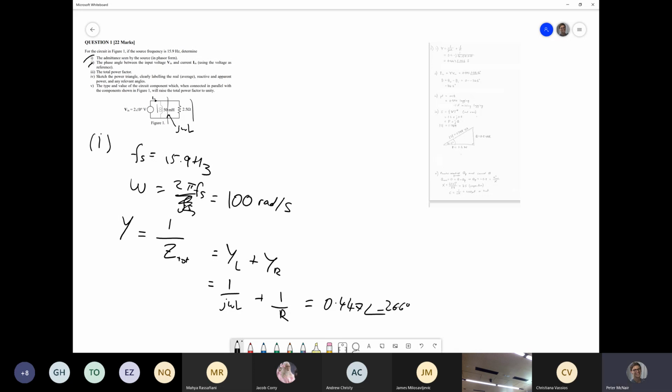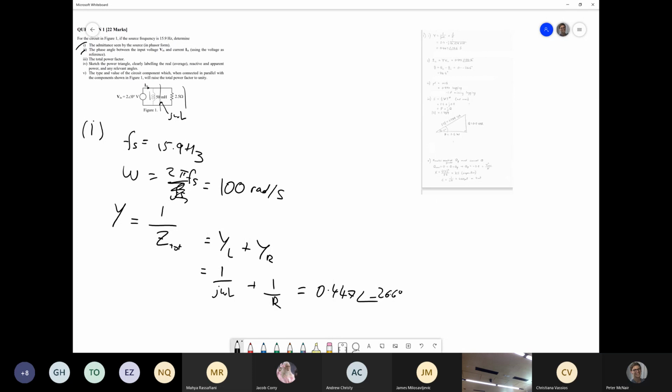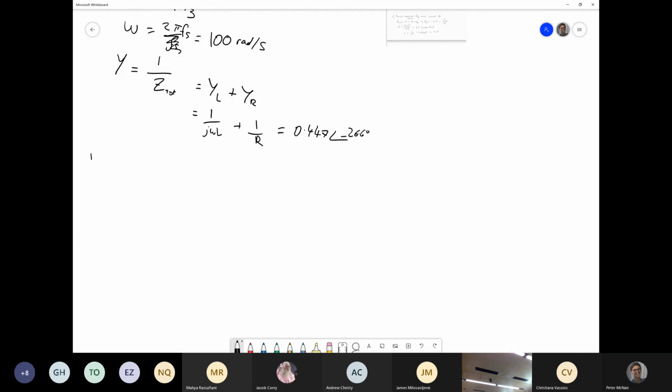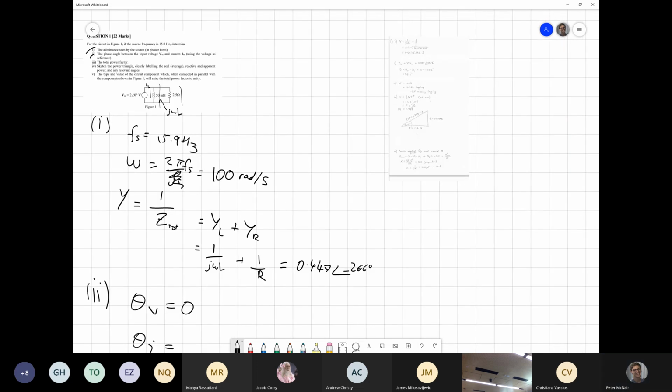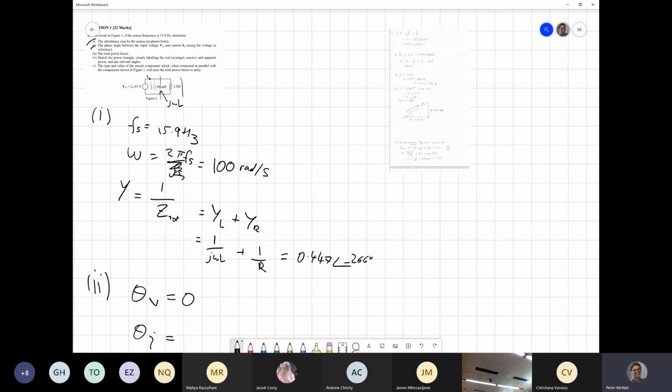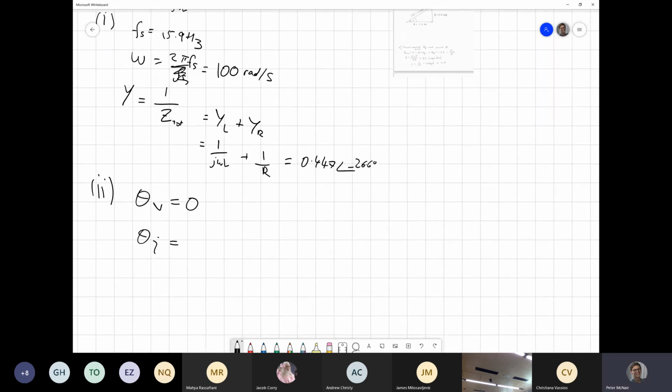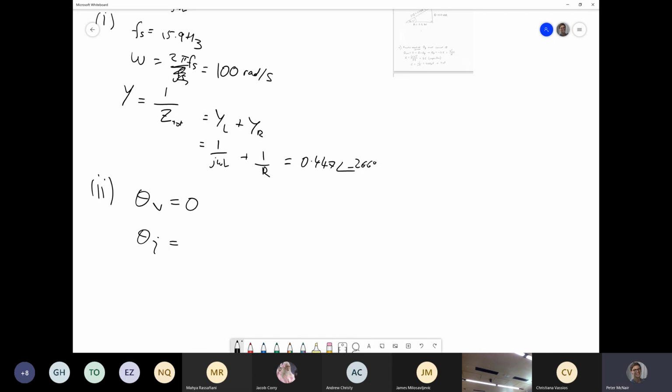So for the phase angle between Vin and Iin, we know that theta V equals 0. Theta I, well, we need to do a bit more working.